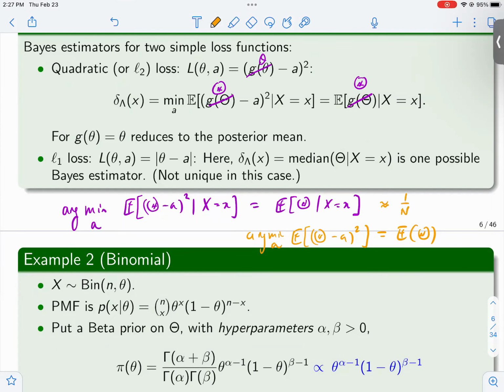If I have a sample of size n from the posterior, I'm just going to take the sum over t from 1 to n of theta_t. That would be my estimate, assuming that these are generated from the posterior. So I produce a sample of size n from the posterior and then take the empirical average, right? So you can't write down the posterior, but you probably can sample from it.